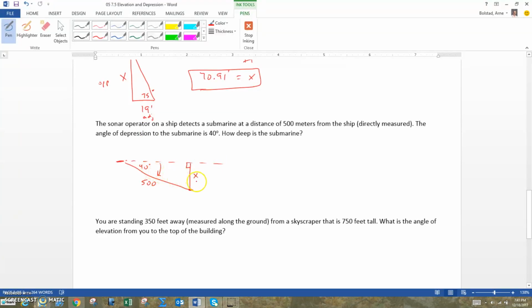From the 40 degrees, we have the opposite and the hypotenuse. So we would have sine of 40 degrees equals the opposite side x over the hypotenuse 500. Multiply both sides by 500. Get x by itself. X equals 500 sine 40, which should be about 321.39 meters.